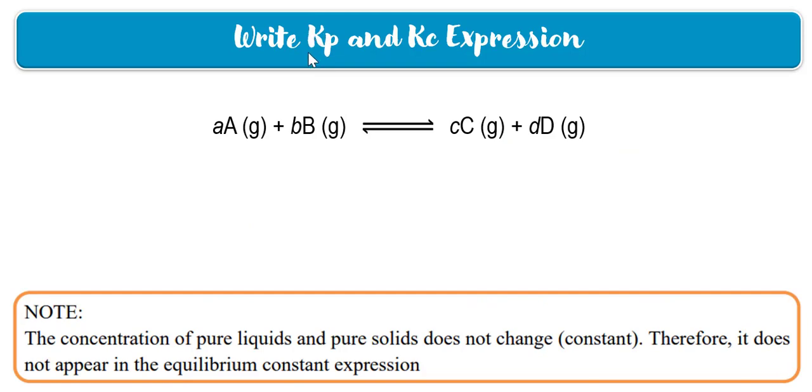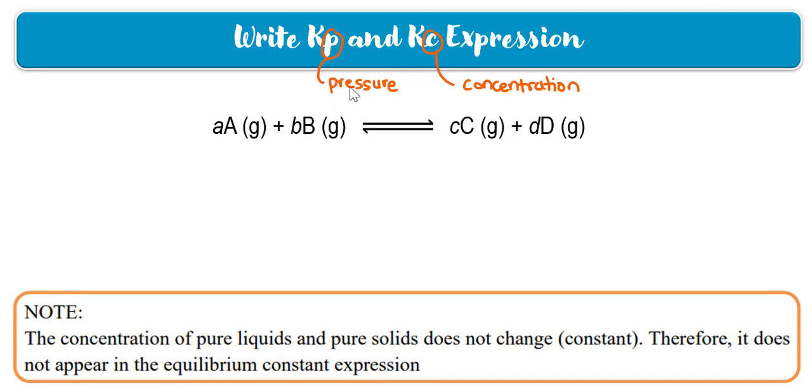K is the equilibrium constant. So if we have the Kp here, the Kp expression indicates the pressure. So the expression will be in pressure terms. For the Kc, C here indicates the concentration. So we have the equilibrium constant in concentration and also the equilibrium constant in pressure.